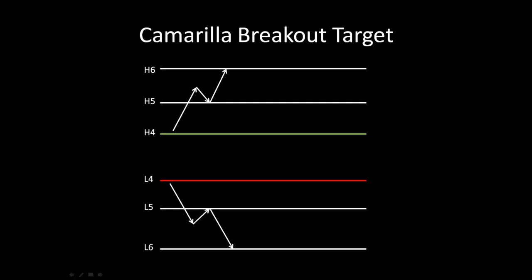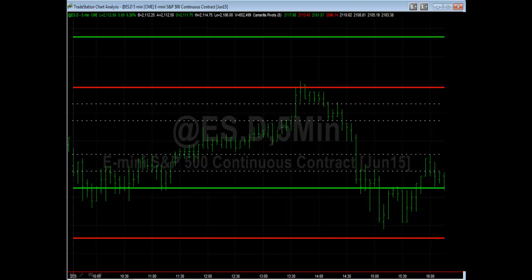So let me show you a chart of the actual indicator. Here's a chart of the actual Camarilla indicator on the ES, and you can see on this day how price started off in the value area and moved down below L3 and then found support.